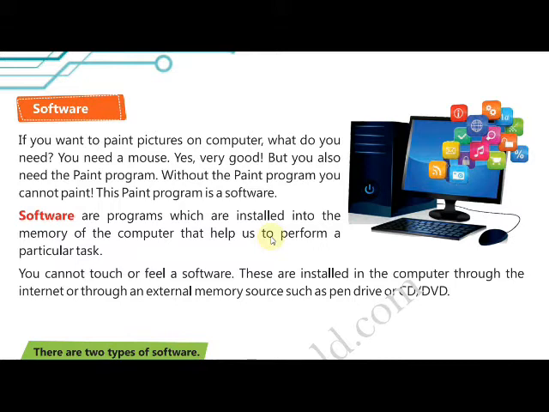The next, the eraser program, will help you to delete or remove or erase unnecessary lines. Then color fill will allow you to drop a color. Okay, the color palette will allow you to pick a color. So these are the different programs, and these different programs are linked together, and that is a collection, and we call that software. Means paint is a software in which different programs are linked together.